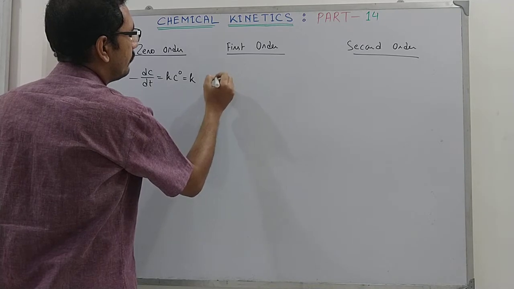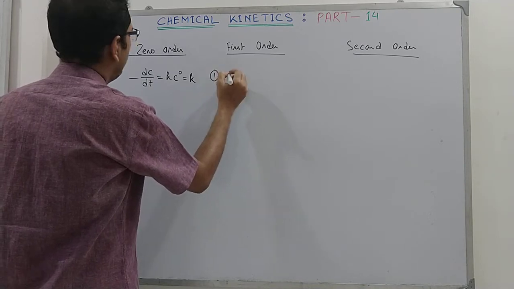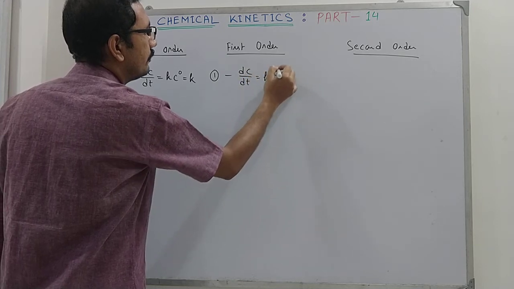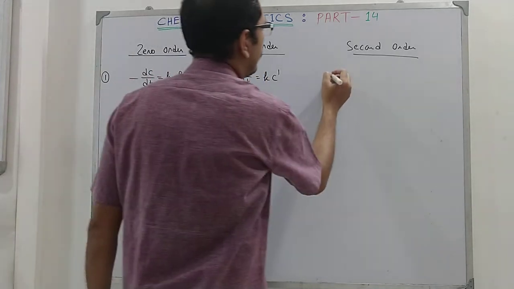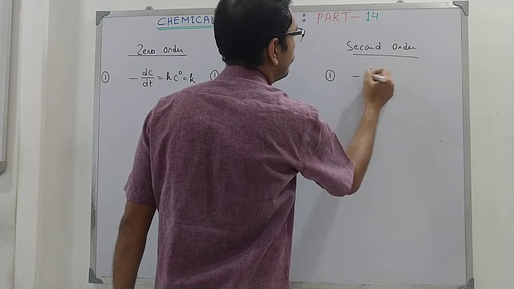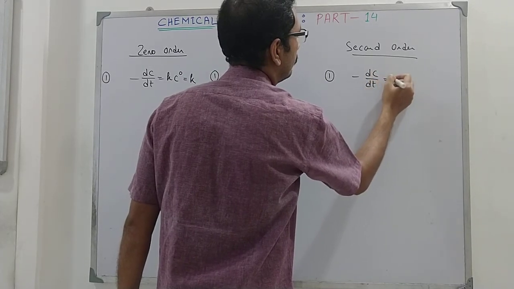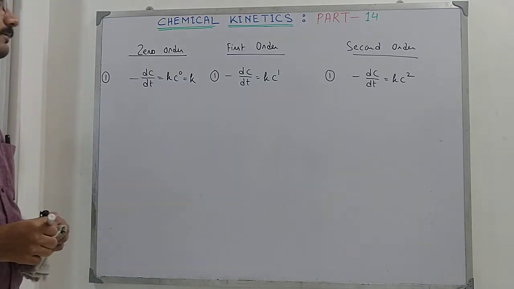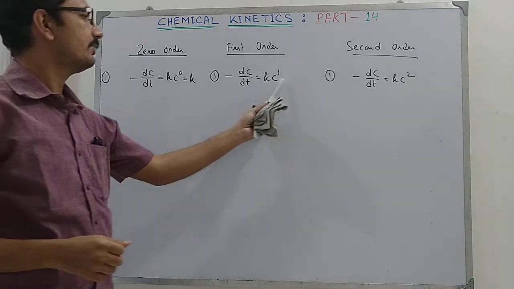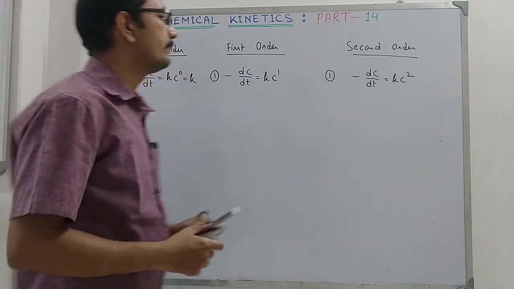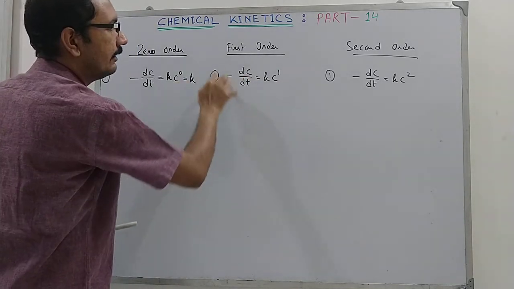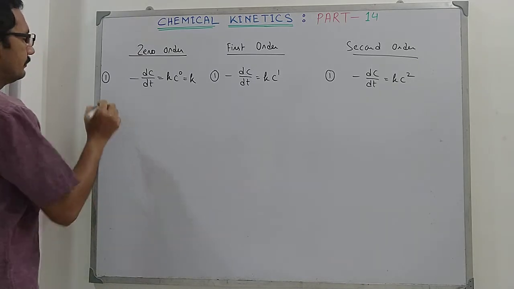And for first order it is K into C to the power 1, and for second order it is like this. So it is C to the power 0, C to the power 1, C to the power 2. These are the concentrations of the reactants at time t at which the rate is measured.